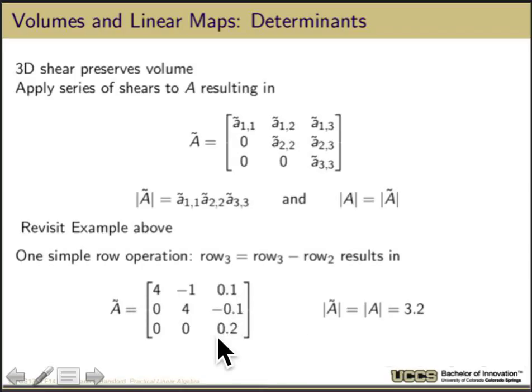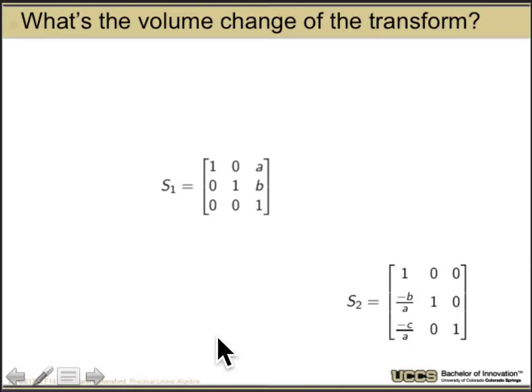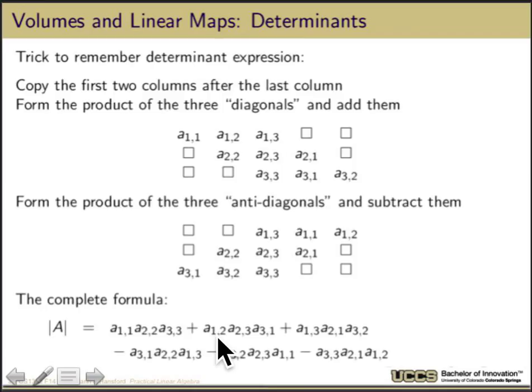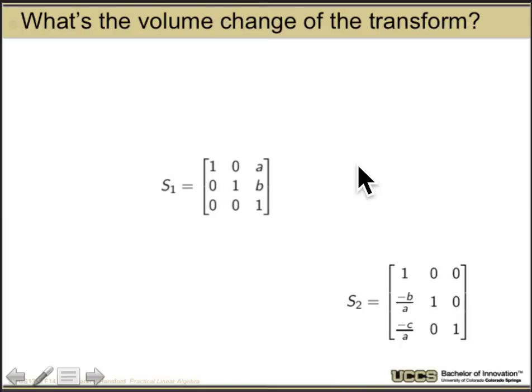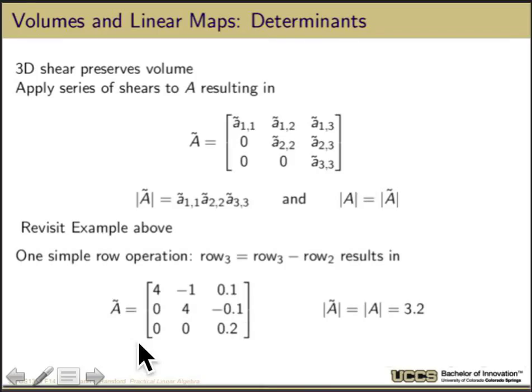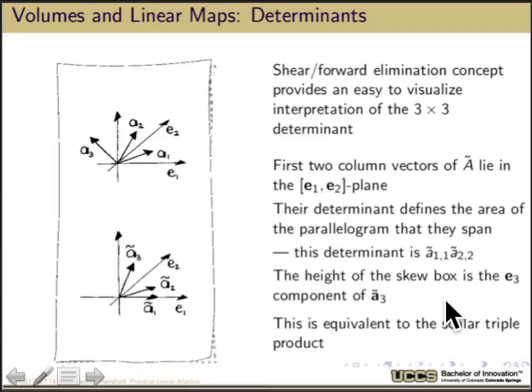Then I get a matrix, going back to this example, where I want to erase this element here. I want to make this 4 go away. I can do that by combining the rows and get this as my final answer. And you'll see that the change in area before and after, the determinant, is still 3.2.